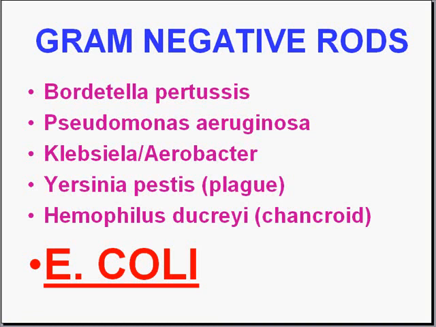And whenever you hear a discussion about the gram-negative rods, E. coli is always at the top of the list, whether it's a colon infection or a urinary tract infection, perhaps a neonatal infection. So you always have to remember, when you run down the gram-negative rods, E. coli is at the top of the list.